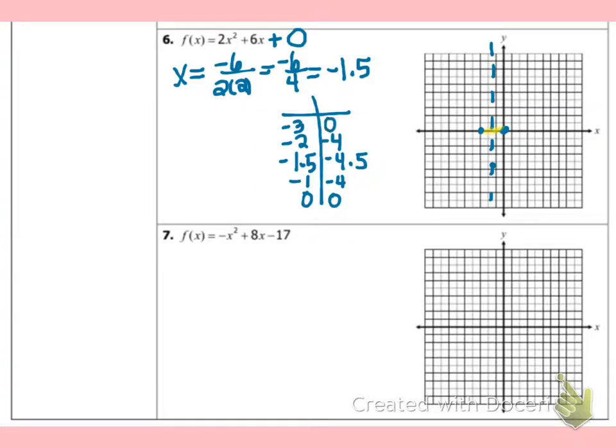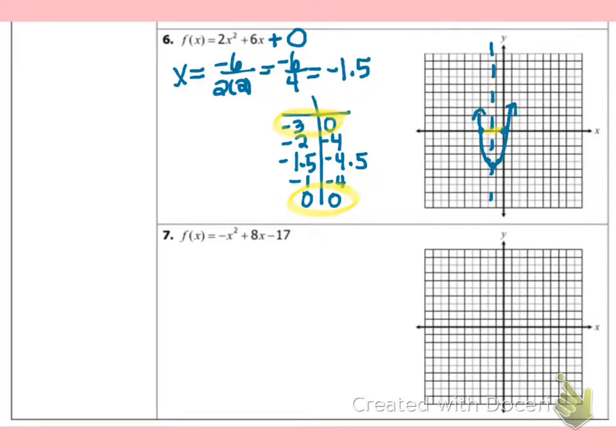So just as I predicted, because of that idea of symmetry, because the y-intercept was at 0, but then on the exact other side of the x of symmetry was the point (-3, 0). So those are our two solutions, at -3 and at 0. So let's finish graphing this. -2, -4 would be right here, and the other one at -1, -4, and the graph looks like this.